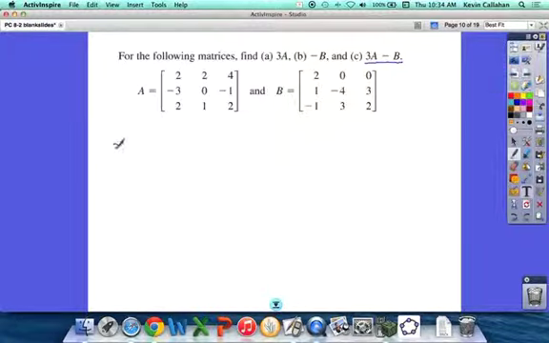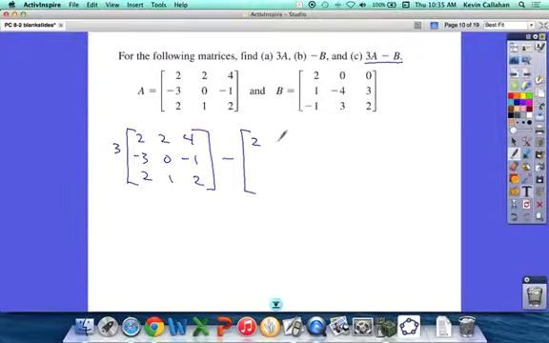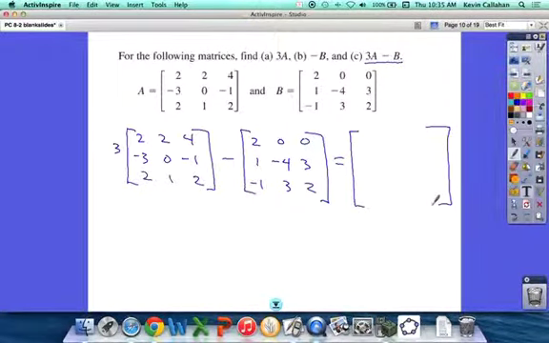So 3 times a, 3 times 2, 2, 4, negative 3, 0, negative 1, 2, 1, 2, minus 2, 0, 0, 1, negative 4, 3, and negative 1, 3, 2. Now, notice that the orders of all these things are still the same. They have to be the same.